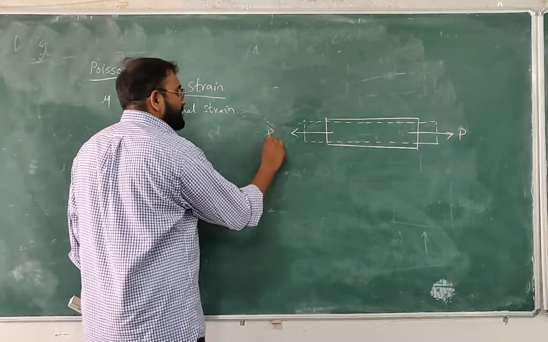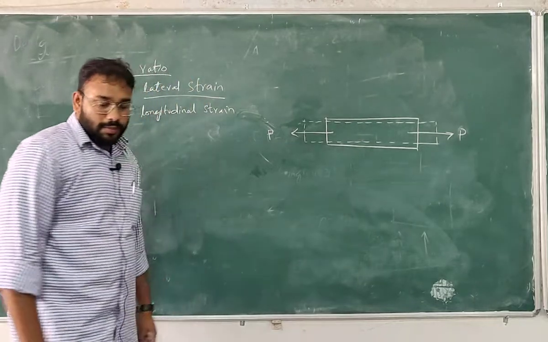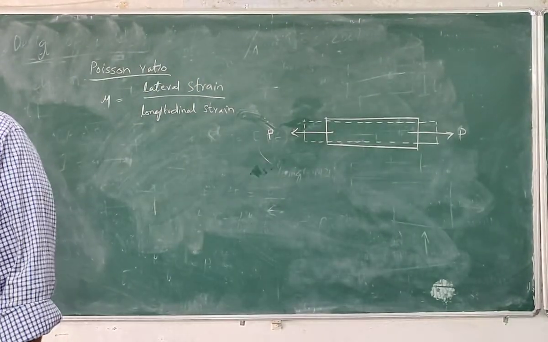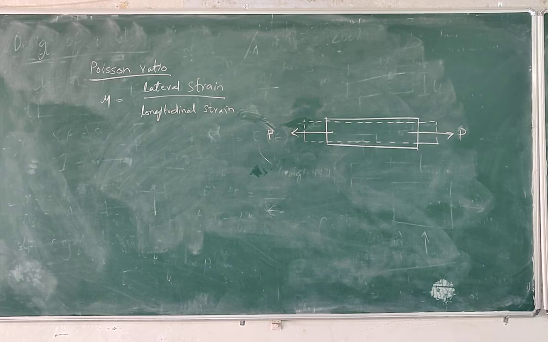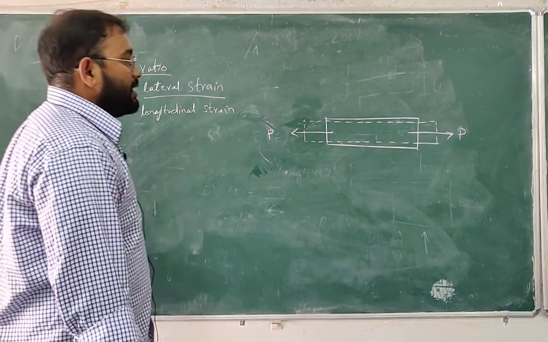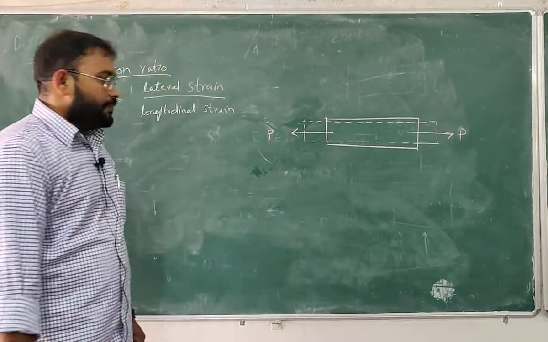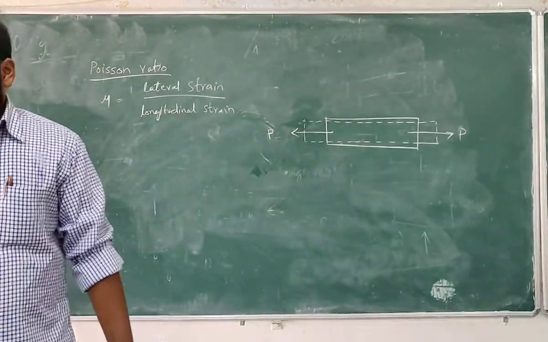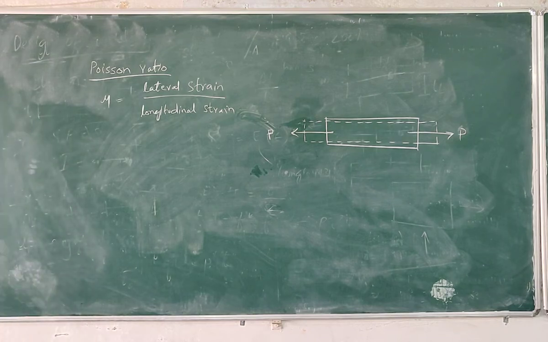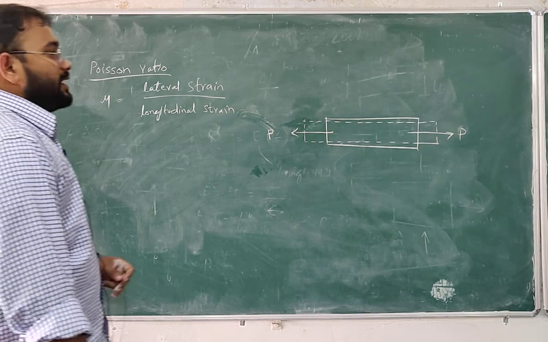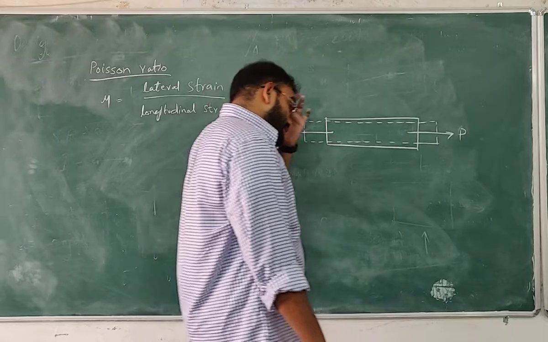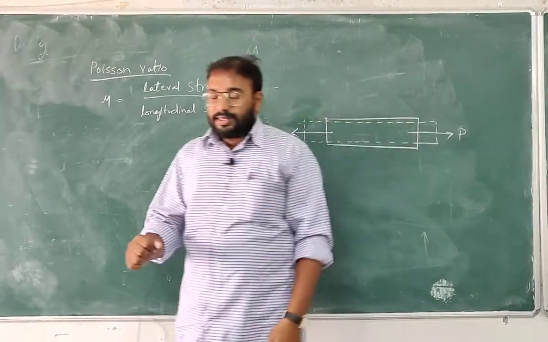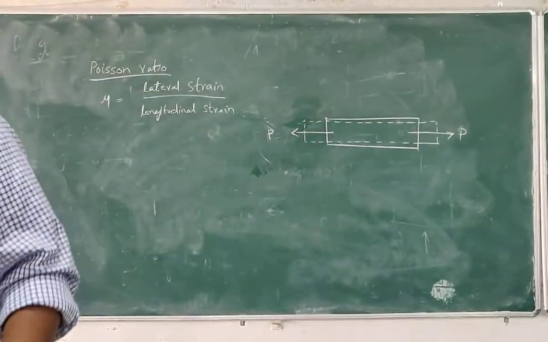Longitudinal strain is defined as: when a body is subjected to axial tensile or axial compressive force, there is an axial deformation occurring in the body.